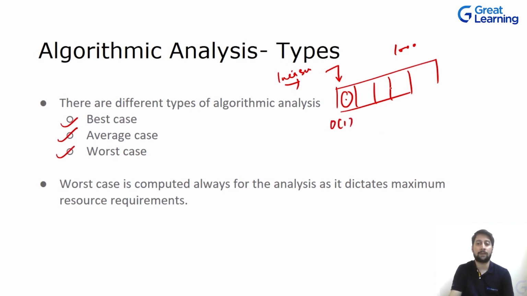Now if you talk about average case, it will be somewhere around the middle. About 1000 divided by 2, or you can say big O of n divided by 2.